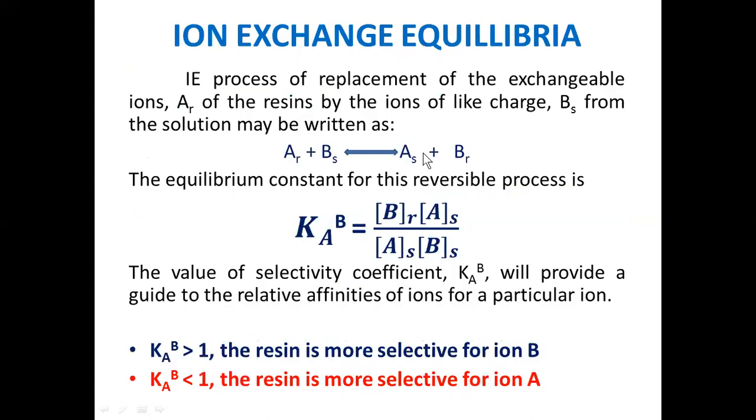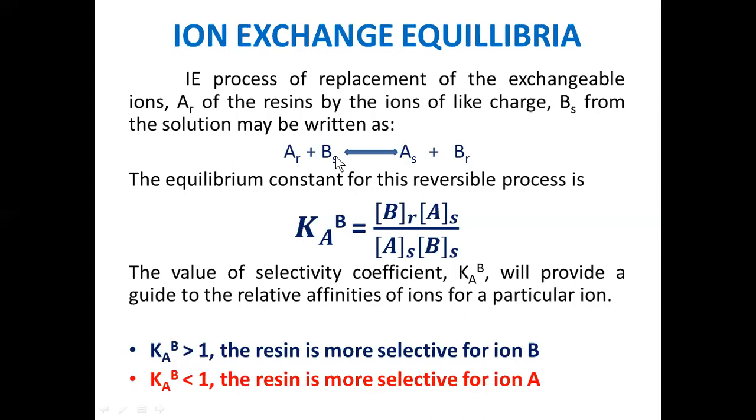All this ion exchange process is because of the ion exchange equilibria. Let me assume a chemical equilibrium reaction between A and B. The ion present in the resin is going to react with the species or solute present in the solution.